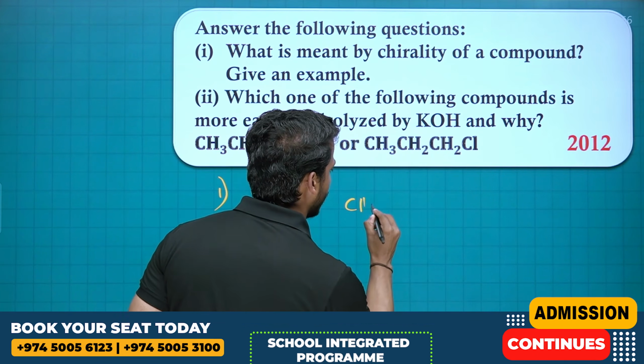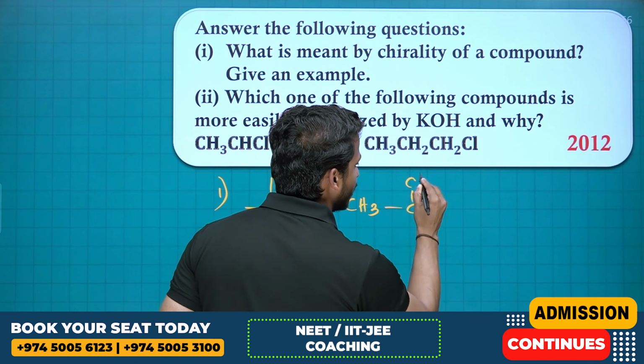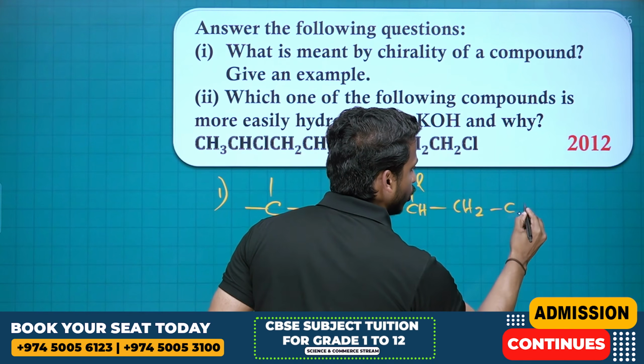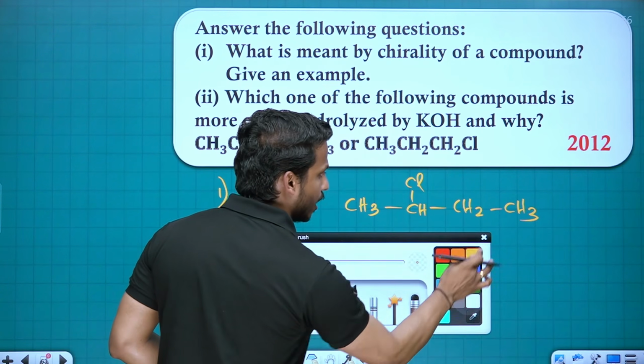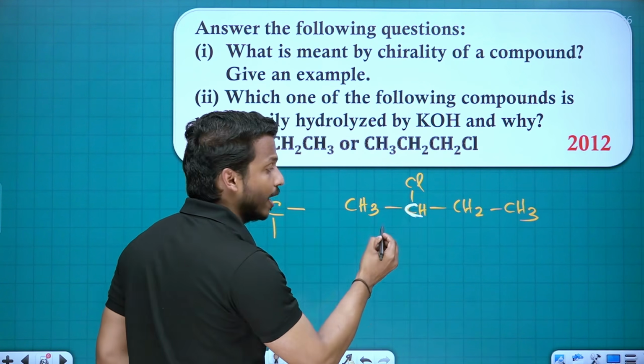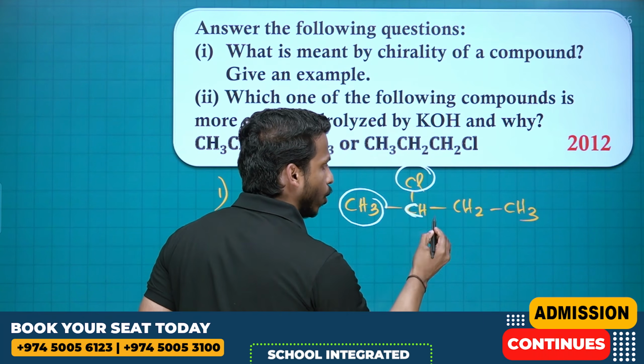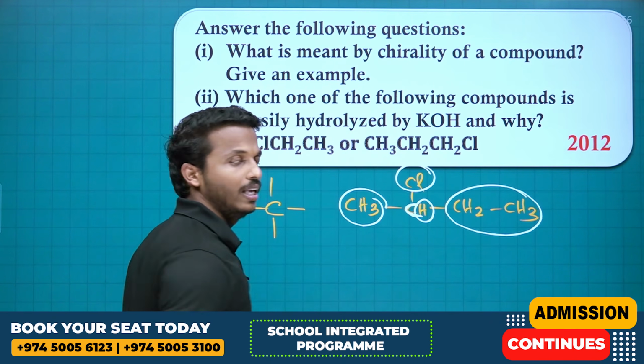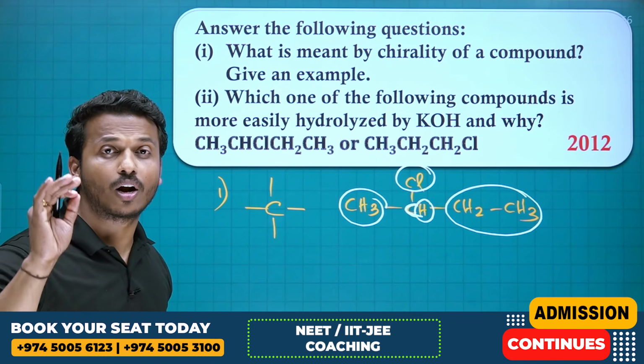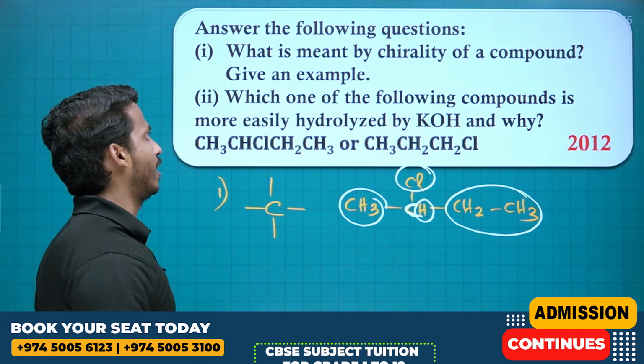Let us give an example. We can take 2-chlorobutane. See this second carbon. This carbon is connected to one methyl group, one chlorine, one hydrogen, one ethyl. All are different. Therefore, it is called a chiral carbon or asymmetric carbon.